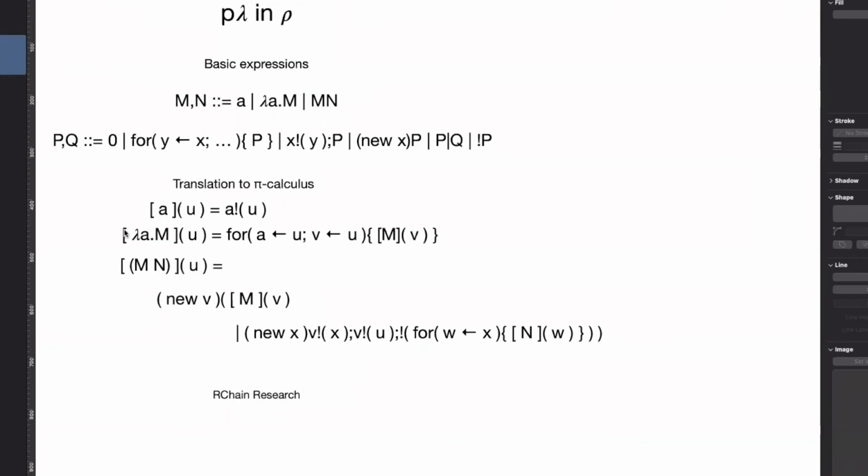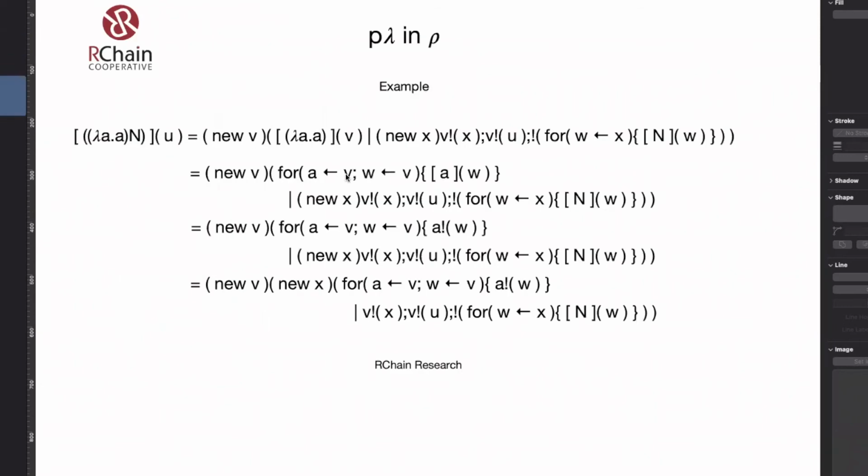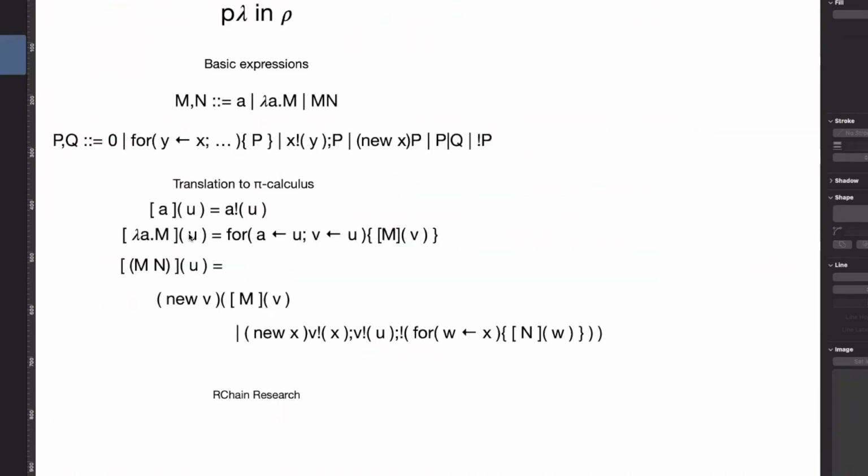So this is a lambda. In this case, v is our u, right? The parameter here is v. So listening for a on v, then listening for, since this is a v, I replace this with a w, and then do the final thing in terms of w.